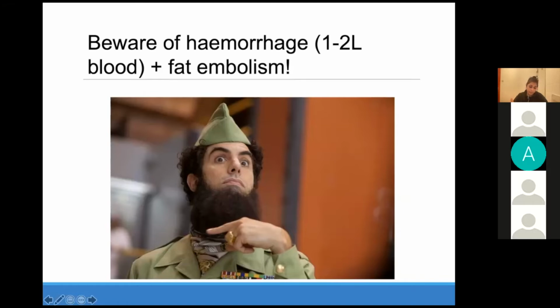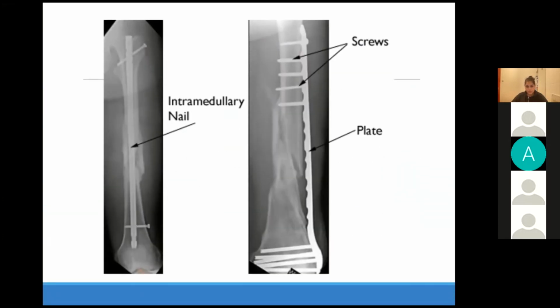So you break a bone, you have fat globules that release from the bone marrow, go into the venous system, back to the right heart, go to the lungs for reoxygenation, and get a fat embolism. So patients are at high risk. That risk has been reduced over 20, 30 years because we are quite aggressive in surgically managing these patients, reducing these fractures. But you just need to be aware.